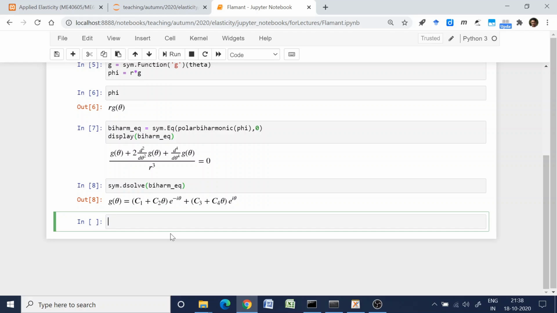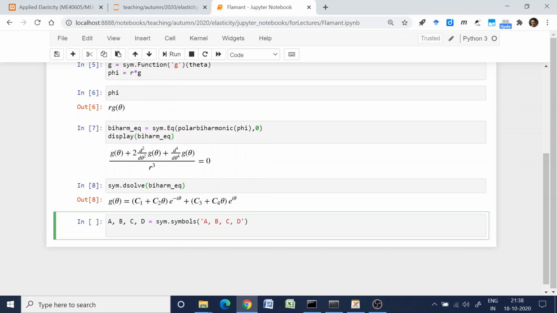So if we do that, what we'll get is, let me first define 4 new constants a, b, c, d. And let me define a g new in this fashion.